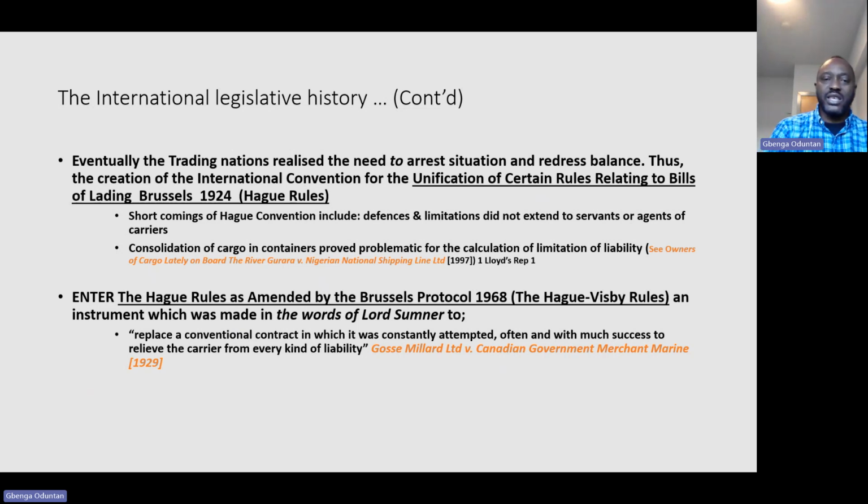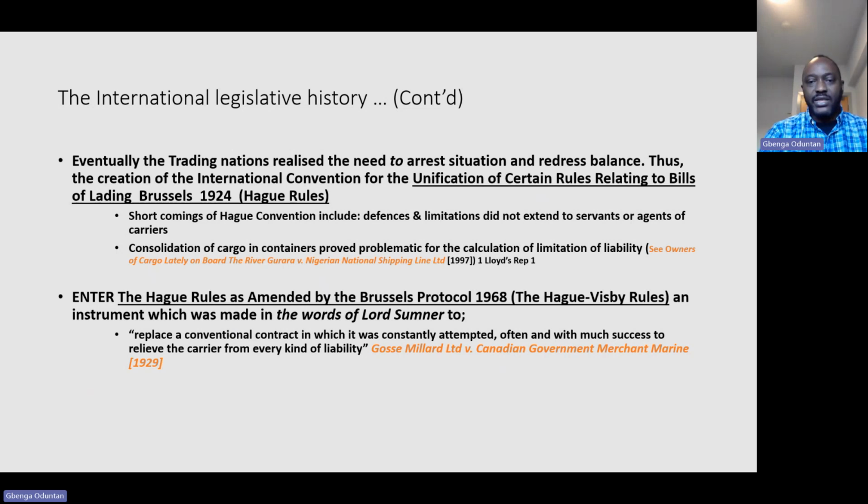Because it's a negotiated contract in the form of a negotiated convention, the politics among states ensured that the powerful states in maritime transportation had their way and their say.